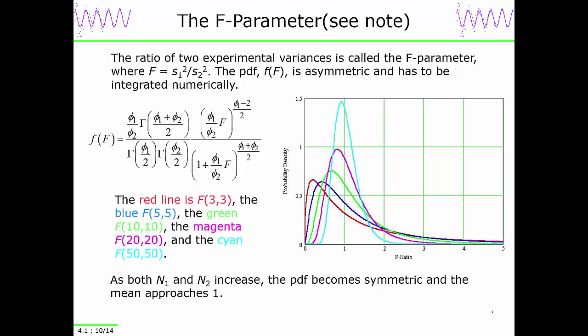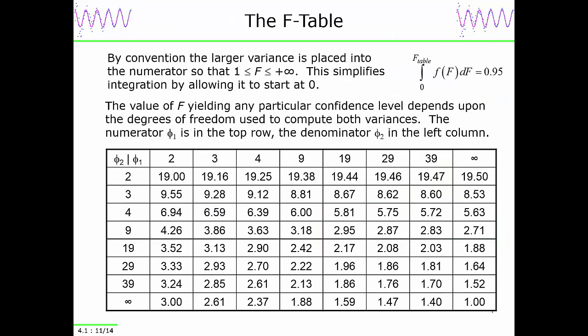Now it's a little tricky because if we want to make a table of F values so we can assess confidence intervals, then it's kind of a pain because we have N1 and N2 that don't necessarily have to be identical. So we really need to populate a complete table based on how many degrees of freedom are present for each of those standard deviations.